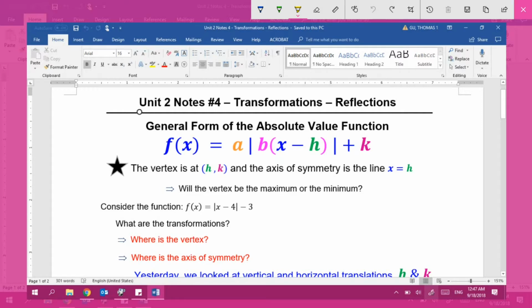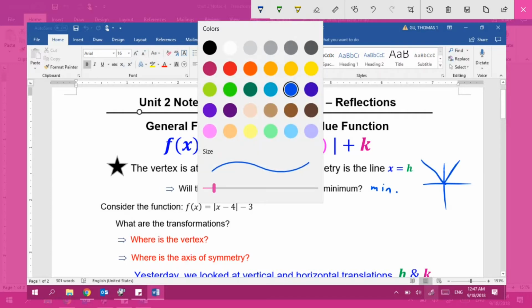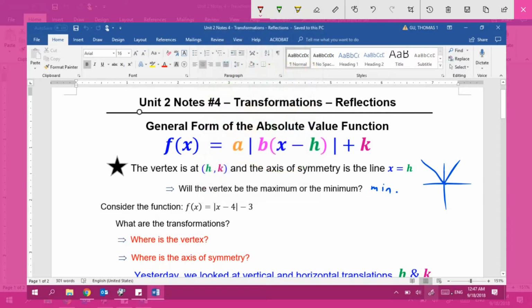Will the vertex be the maximum or minimum on the parent function of an absolute value function? It will be a minimum. That's right, a minimum. Because remember, the parent function for absolute value looks like this. It's a v. And the vertex is this sharp corner point. Is that a maximum or a minimum? It's the lowest, which means it's a minimum.